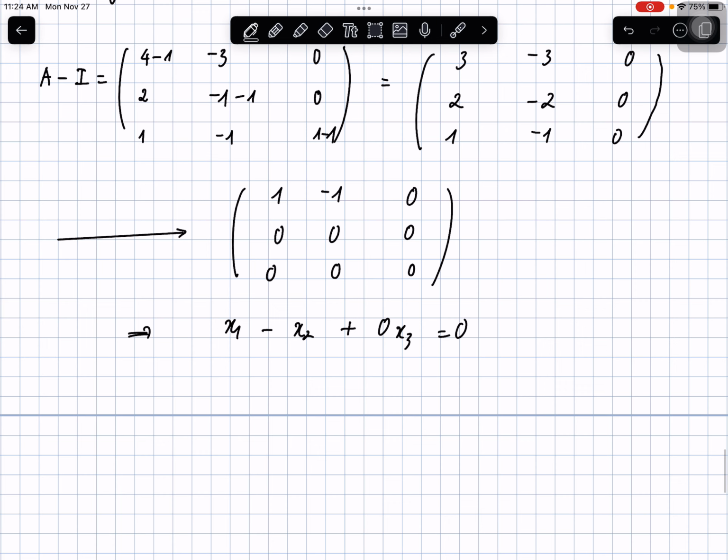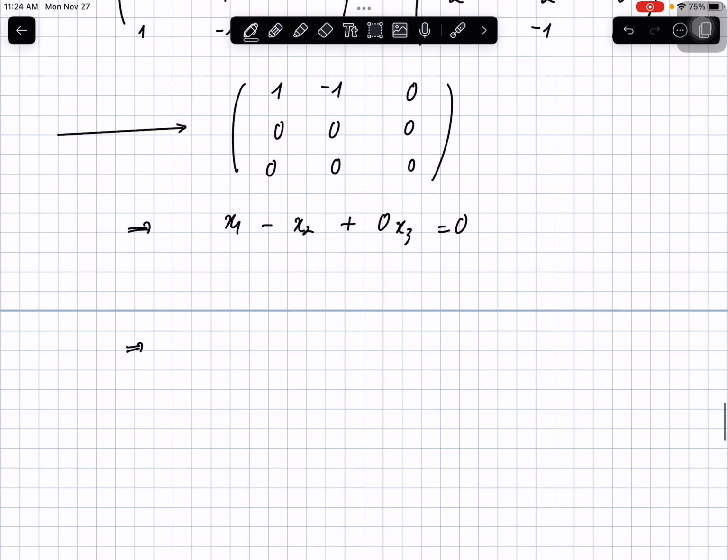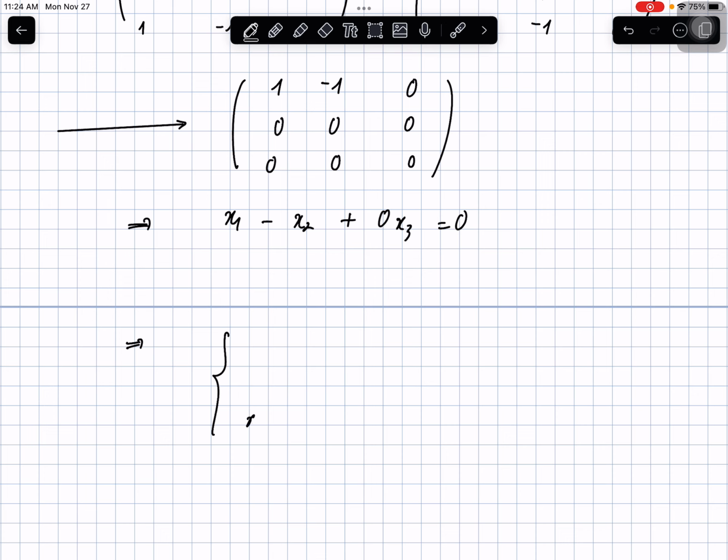So x3 can be chosen arbitrarily, say alpha, because whatever alpha is times 0 will be 0. x2 say beta, and x1 equal to x2 equal to beta.